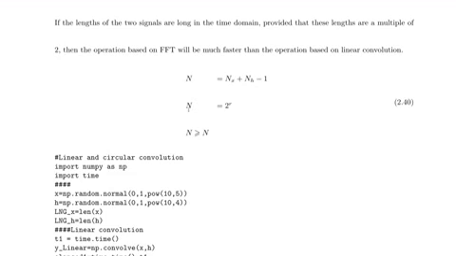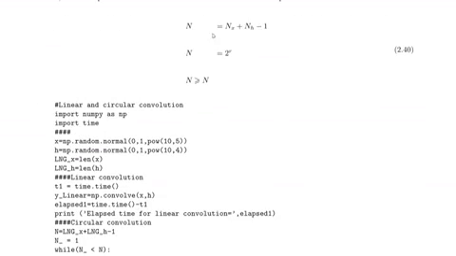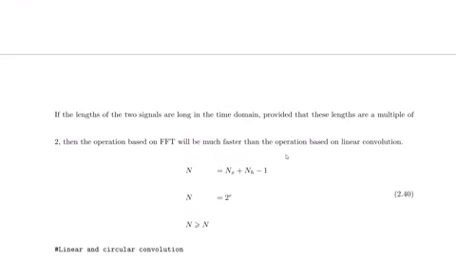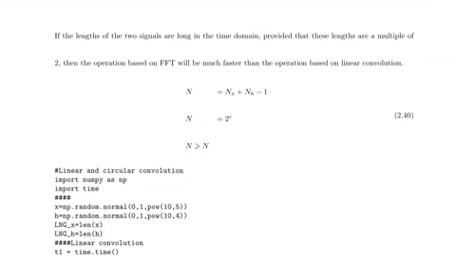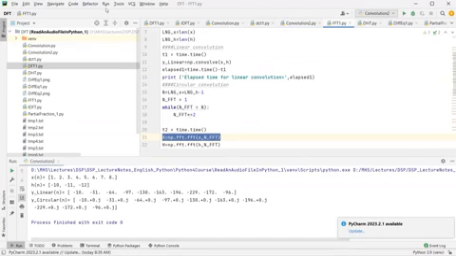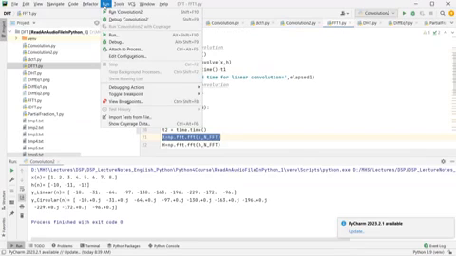Okay, if we choose N as a multiple of 2, meaning N being 2 to the power of something, N of FFT, of course, right. We will run FFT1.